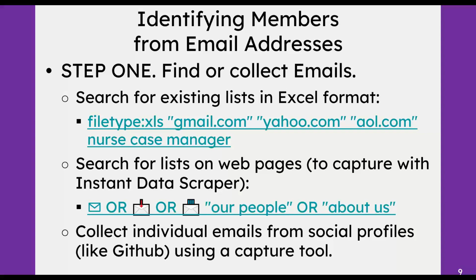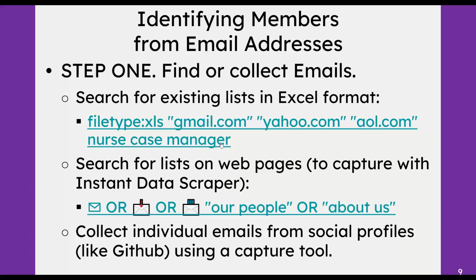You could generate those emails by finding lists of professionals that include their emails. I've included a sample search here, which will find Excel files that include at least 3 email addresses, one from each of these 3 domains, probably many more, and the words nurse, case manager.